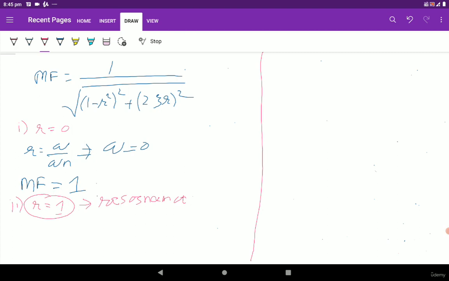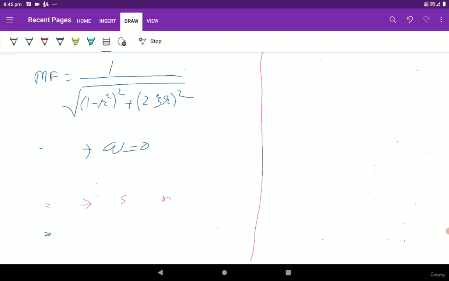So omega by omega n is equal to 1, which means the frequency of external excitation is equal to the resonating frequency.